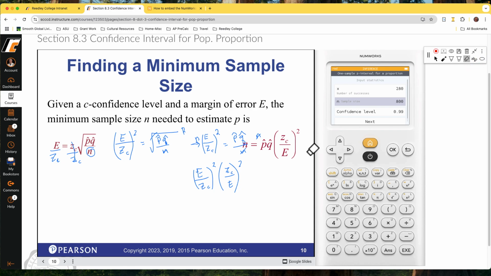We're going to have p hat, q hat multiplied. And notice how this is sort of the reciprocal of what we started with, z sub c over E. So this is the formula we're going to want written in our notes.